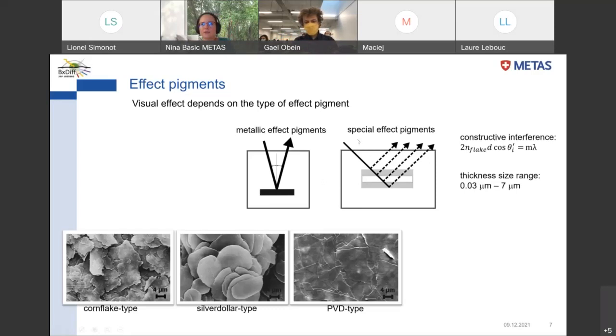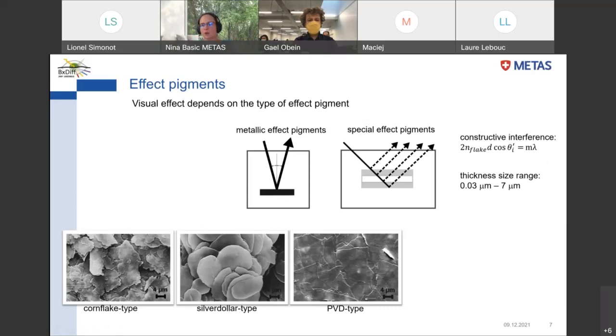And then on the other hand, we have these special effect pigments where we more or less have 3 or more layers of different materials. And we, in the end, have an interference on the pigments itself. And you have this interference formula that you can calculate.